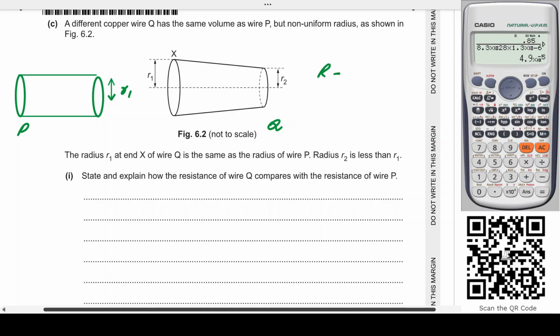So resistance equals rho into L over A. The two wires are made up of the same material, which is copper. So the resistance would simply be independent of resistivity. It would be proportional to length and cross-section area.